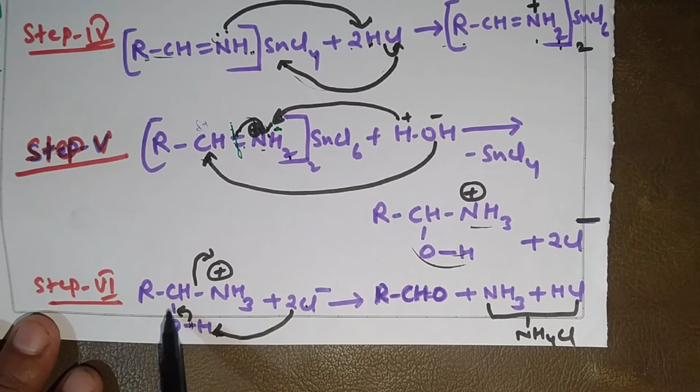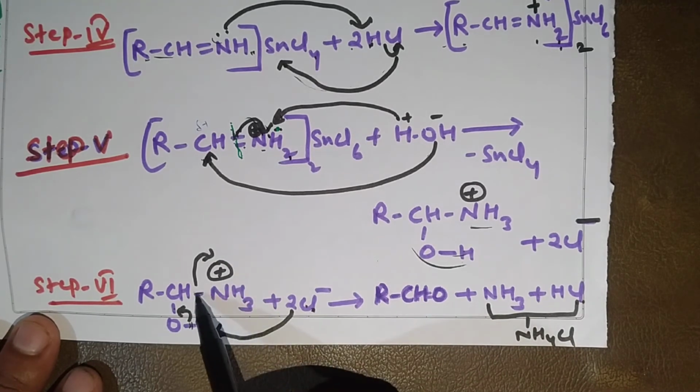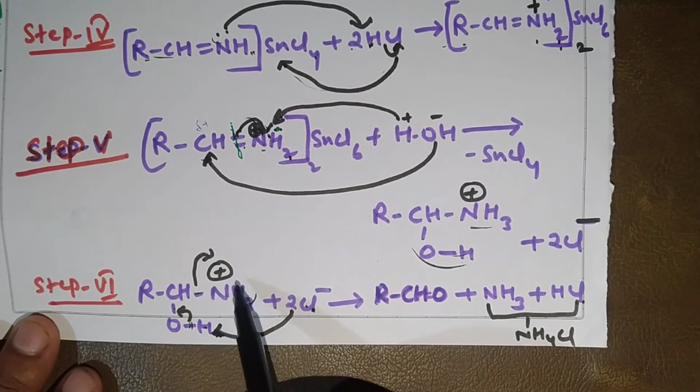As a result, a double bond will be created between carbon and oxygen, and this H plus makes a bond with Cl minus. So HCl is eliminated here. Now since nitrogen is an electronegative element, it will pull its bonded electrons. As a result, NH3 becomes neutral and is eliminated as an ammonia molecule.